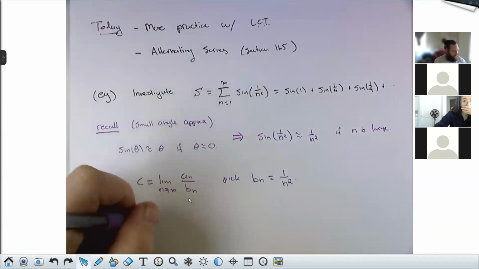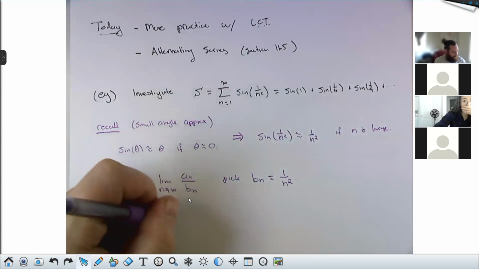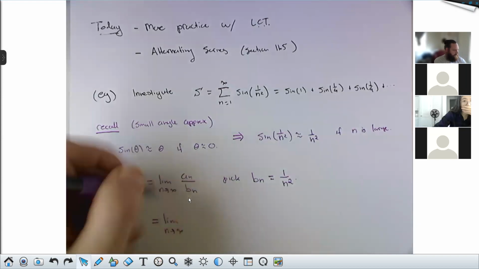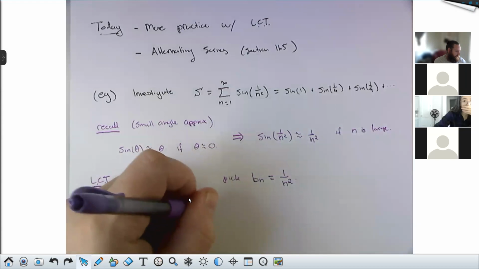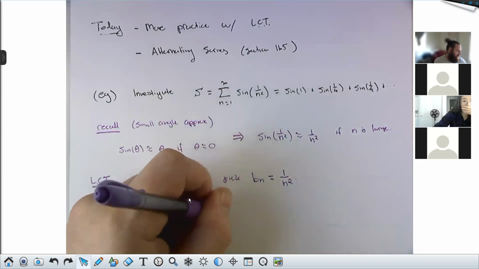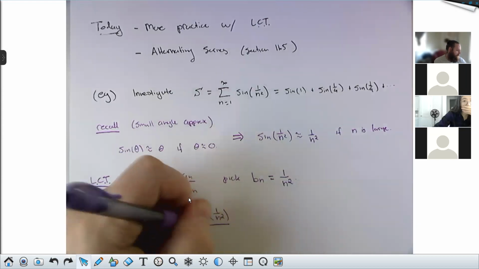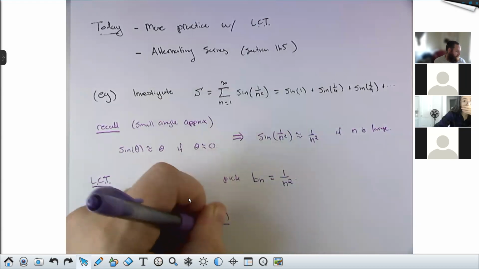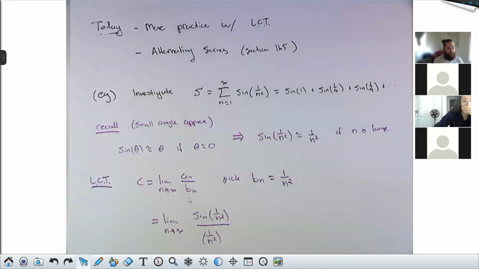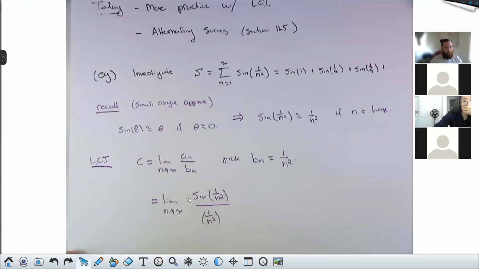So this limit is the limit as n goes to infinity of sine of 1/n² divided by 1/n². That's the an divided by the bn. And we had to pick the bn.